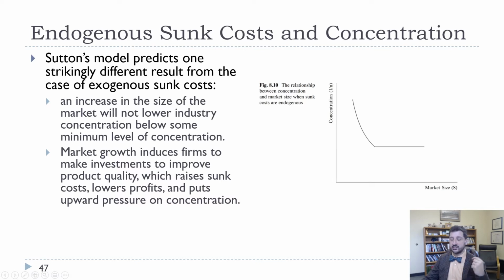If you think about the cell phone market, for example, that's a huge market. So the market size is gargantuan. But we do see some sort of limit to concentration. Now, that said, we do see a lot of new entrants trying to get into the market, but we still see companies like Apple and Samsung with significant market share. So concentration is still pretty high.